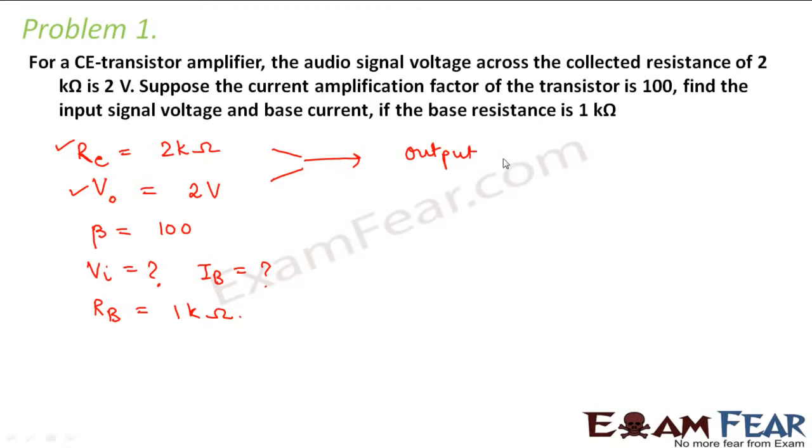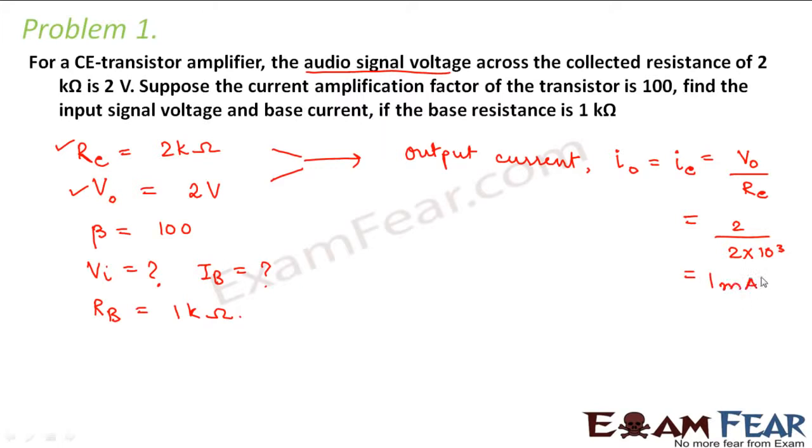It is talking about the audio signal voltage, so it is talking about the AC voltage. So output current, I output or IC, will be equal to output voltage divided by RC, that is equal to 2 divided by 2 into 10 to the power 3. So this comes out to be 1 milliampere.